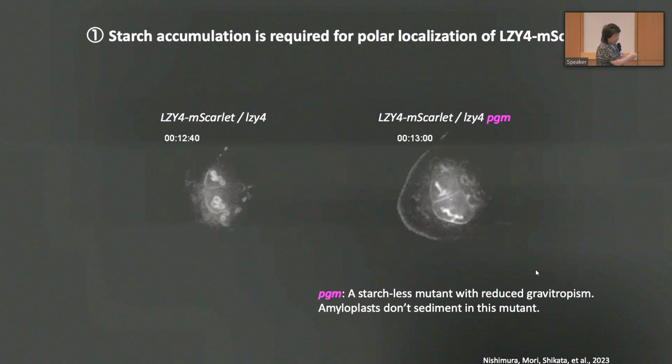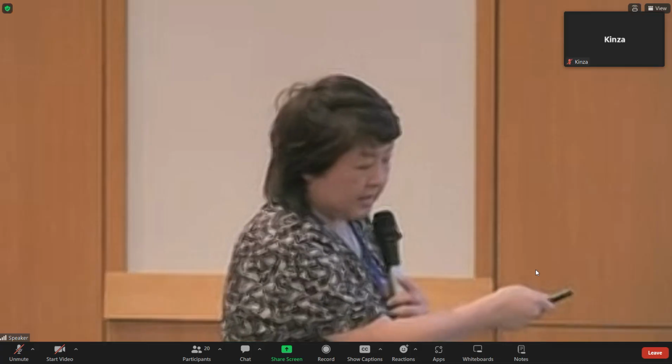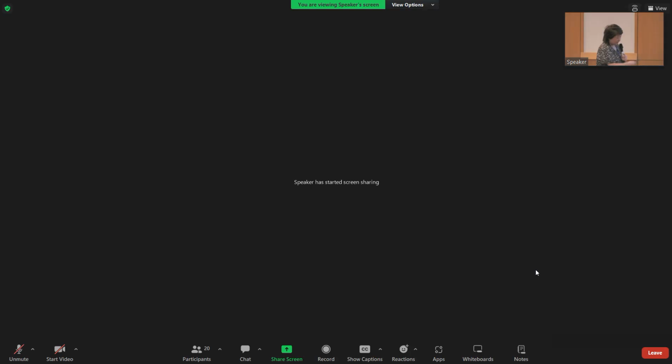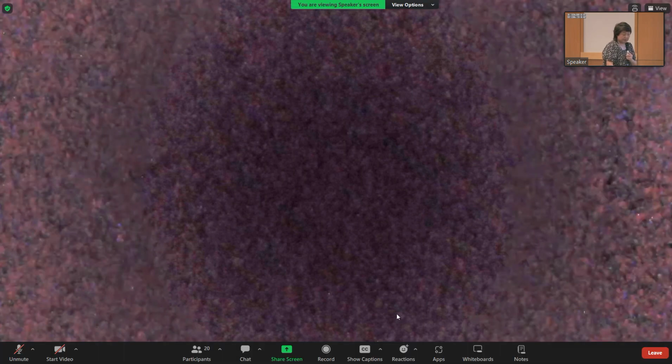After trapping, the amyloplasts were put in close proximity to the plasma membrane, and then the signal intensity of LZY-Scarlet significantly increased at the nearby plasma membrane, as indicated in this graph. These results indicate that not the gravitational force, but the amyloplast position determines the LZY accumulation site on the plasma membrane.